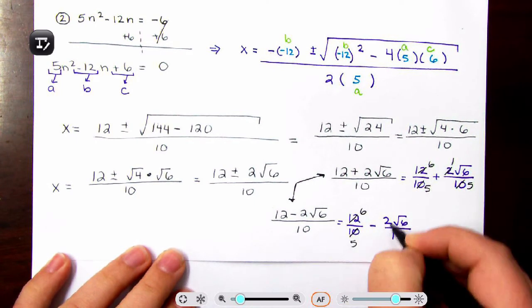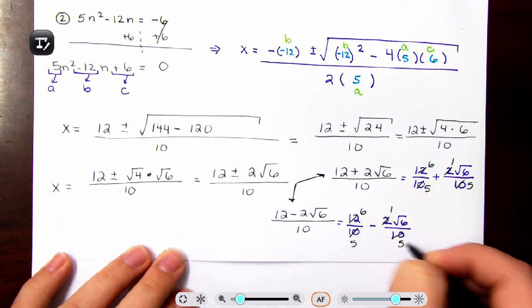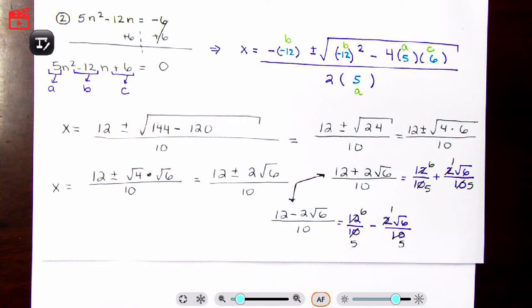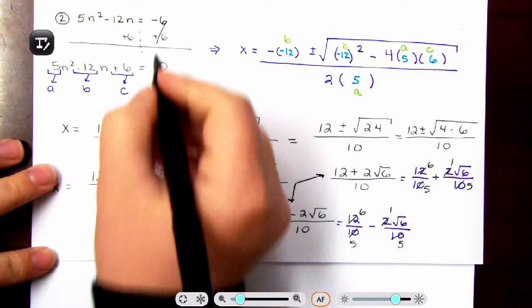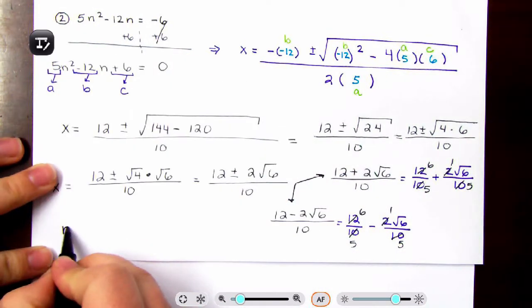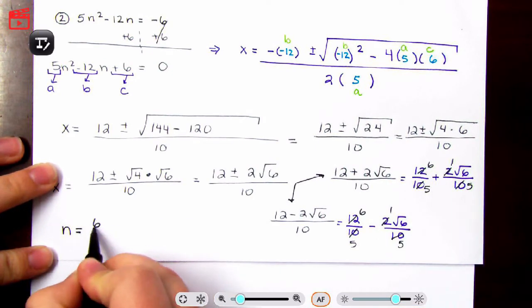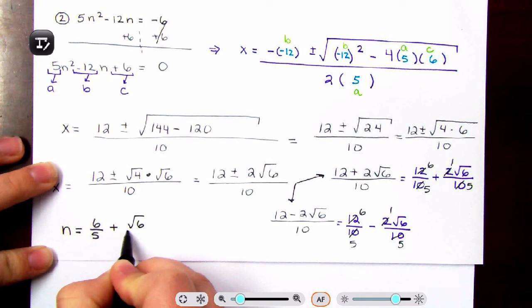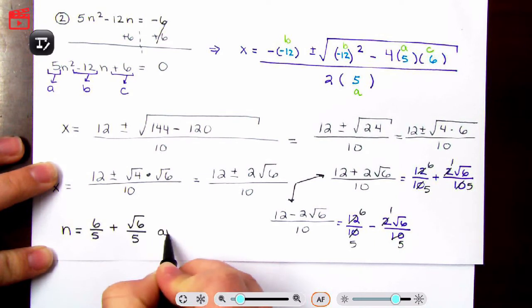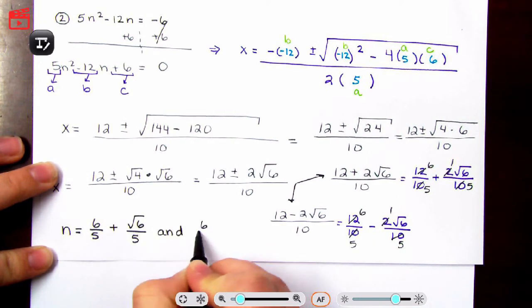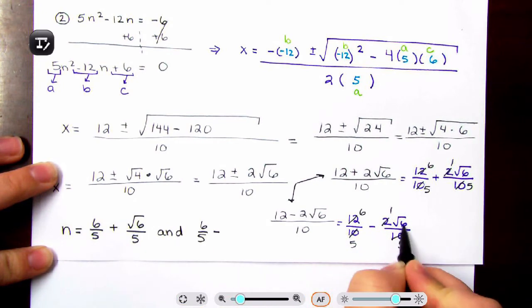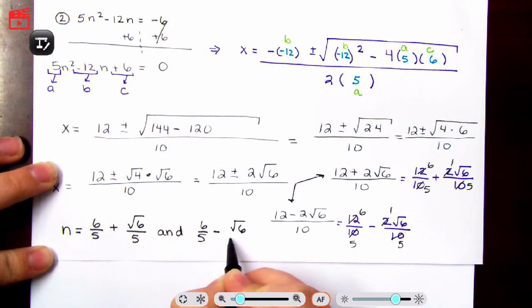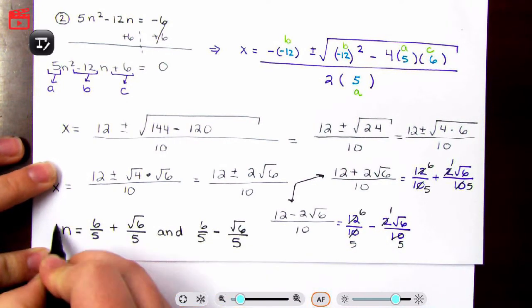We still can't do anything with that square root of 6. That stays. So that means our variable n is equal to 6/5 plus 1 times the square root of 6 divided by 5, and 6/5 minus 1 times the square root of 6 divided by 5. These two are our answers.